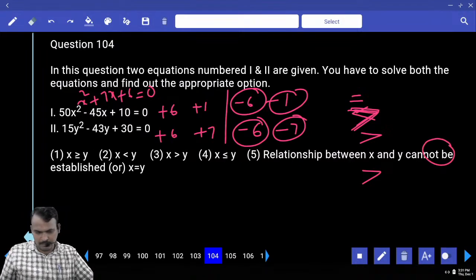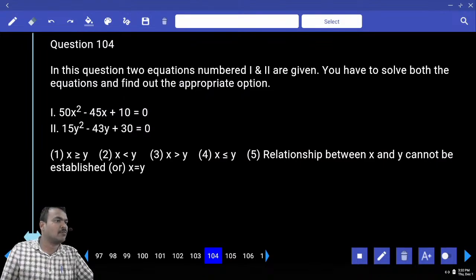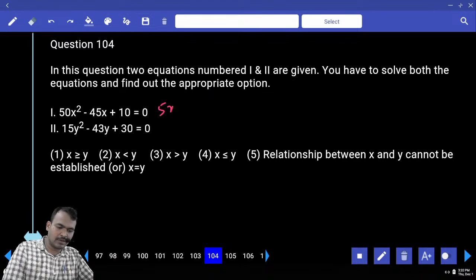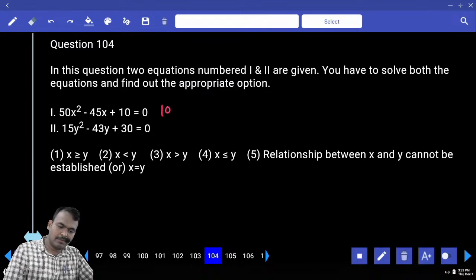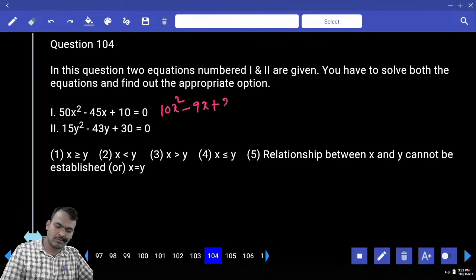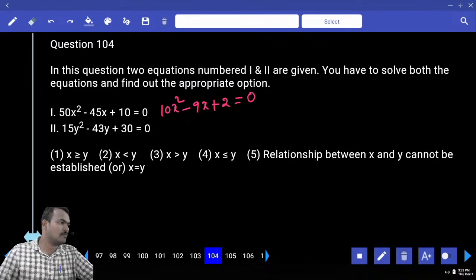Next 104. First equation is divided by 5 or not? Yes or no? Then we write 5x square minus 5 or 10, divided by 5, 10x square minus 9x plus 2 equal to 0 or not? Yes or no? What is the coefficient of x square? 10.